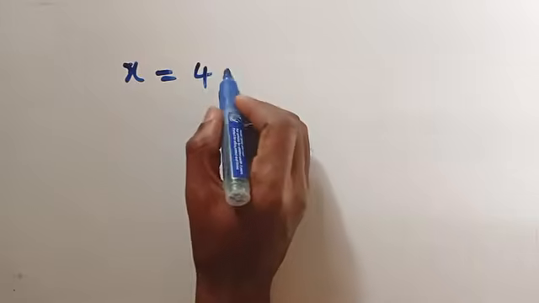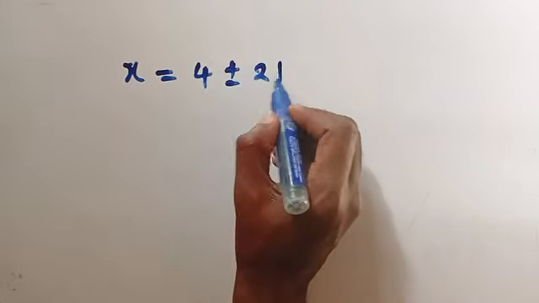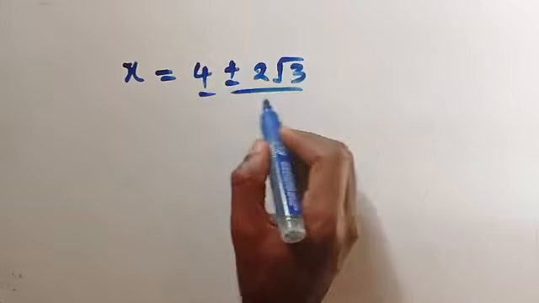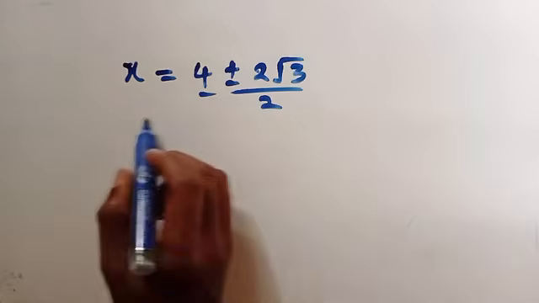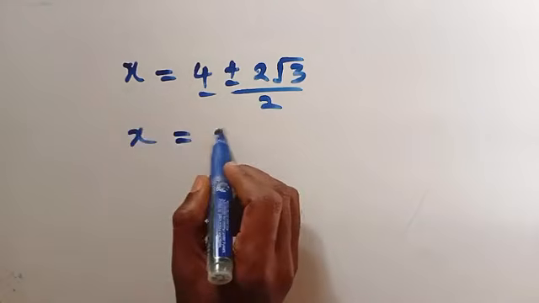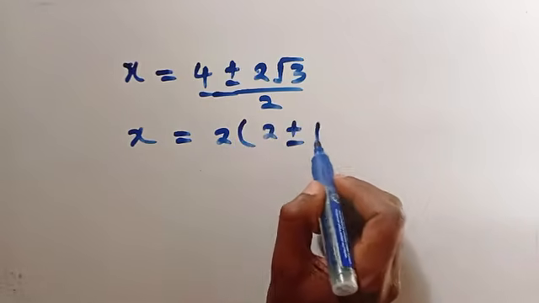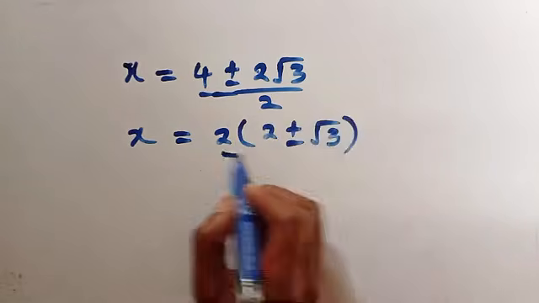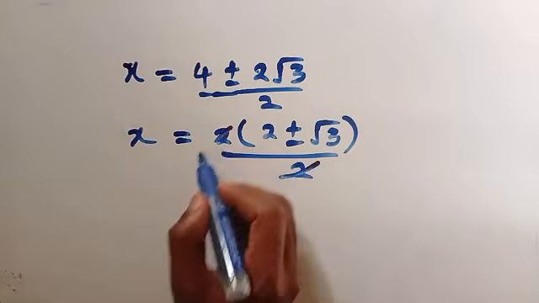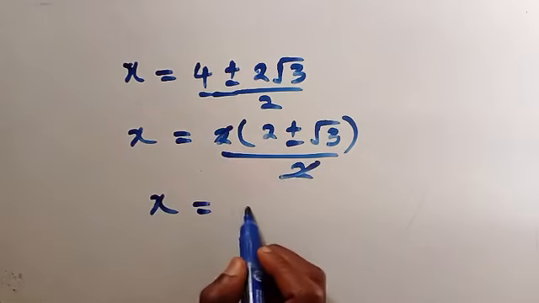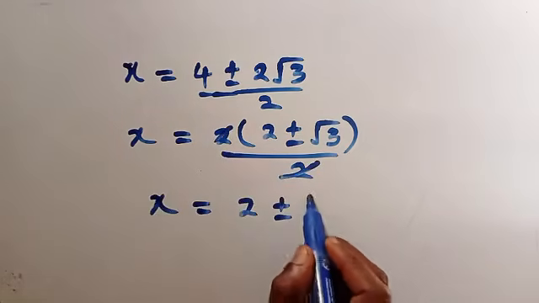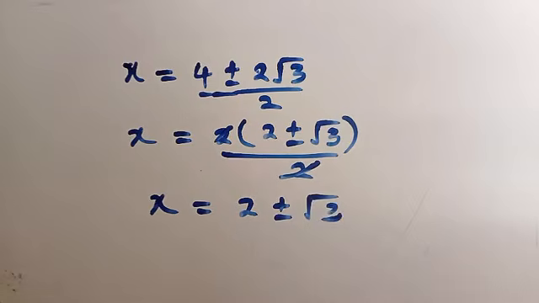Therefore, x equals 4 plus or minus 2 square root of 3 divided by 2. Factoring out 2 here, we have 2 bracket 2 plus or minus square root of 3 divided by 2. And when 2 cancels 2, we have x equals 2 plus or minus square root of 3.